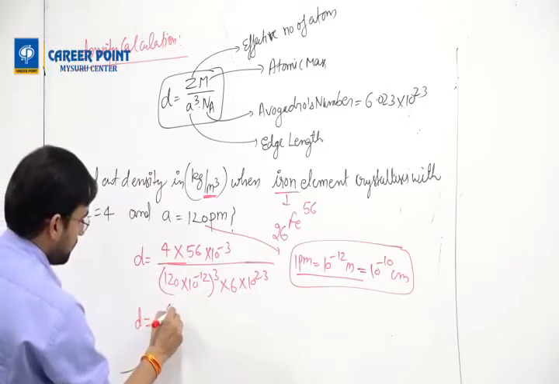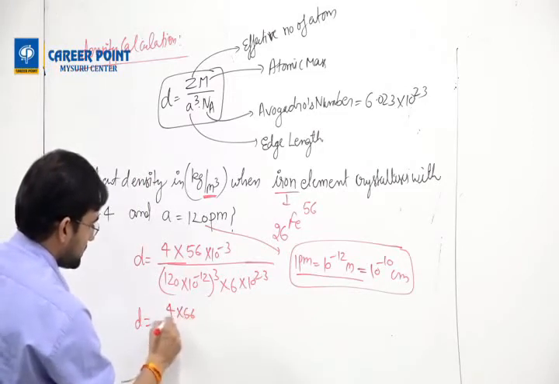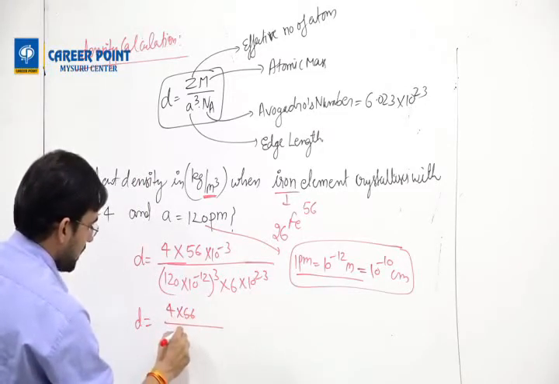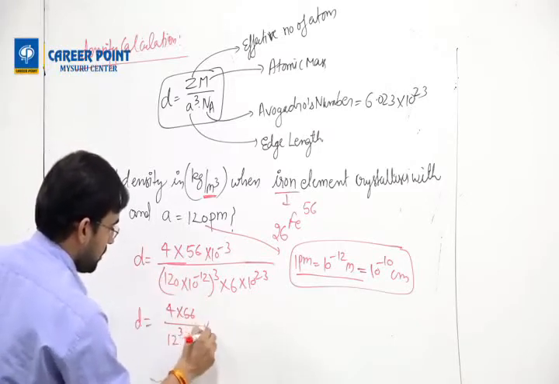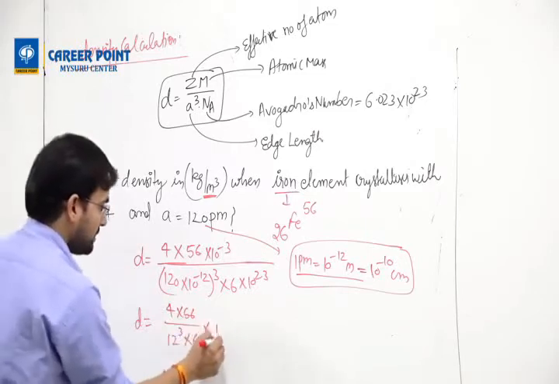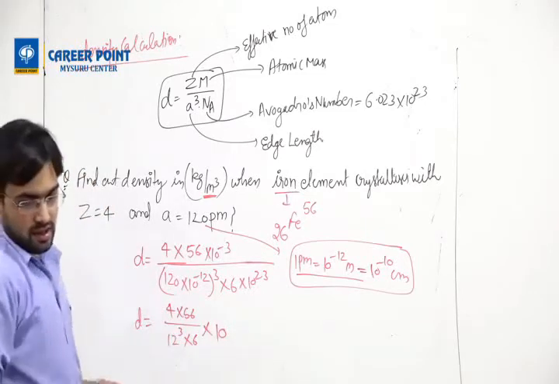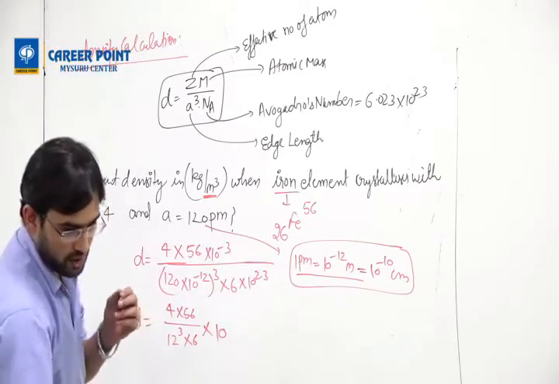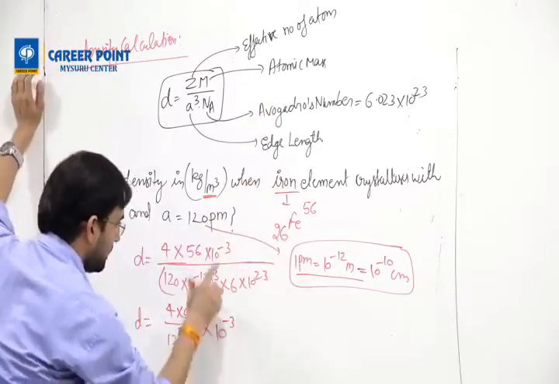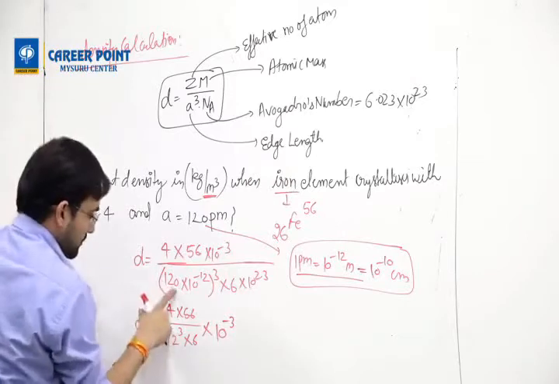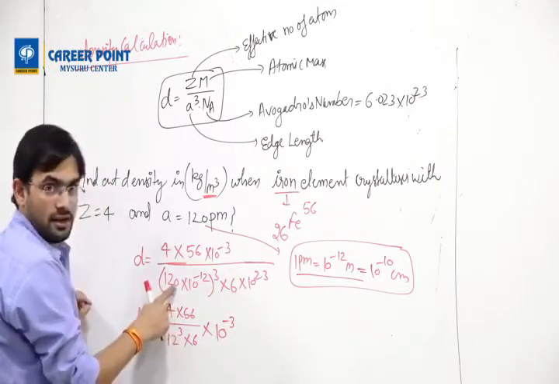So I can solve 4 into 56 by 12 cube into 6. This is all factor, and then everything is power of 10. How much power? That we see now. Minus 3 is there only, and 1 0 I am taking from here.